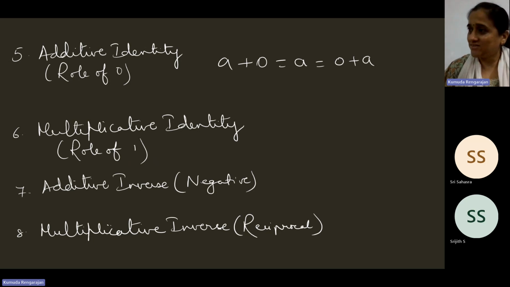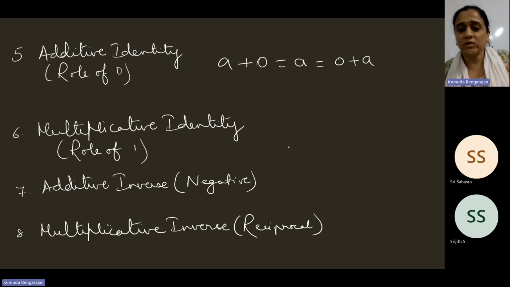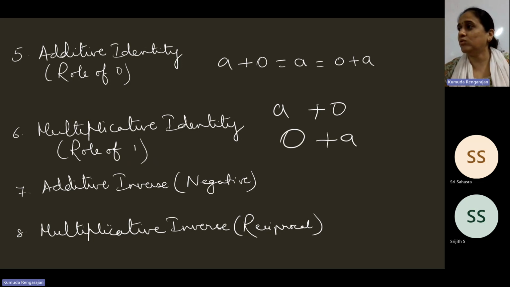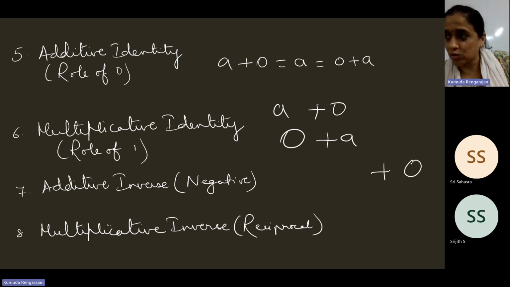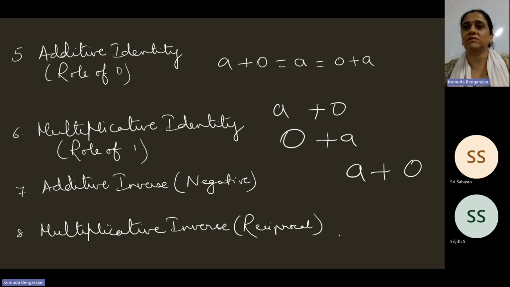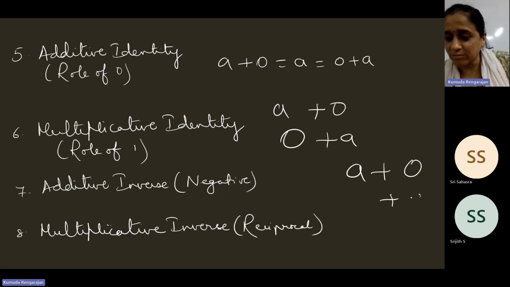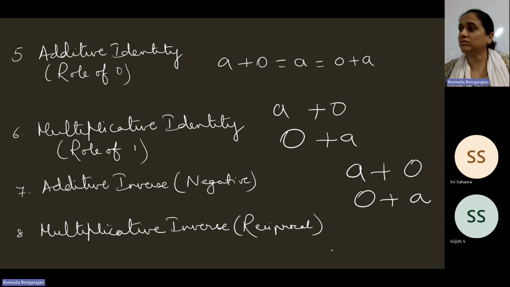Okay. When we add 0 to a rational number or when a rational number is added to 0, in both the cases, what is the answer we get?